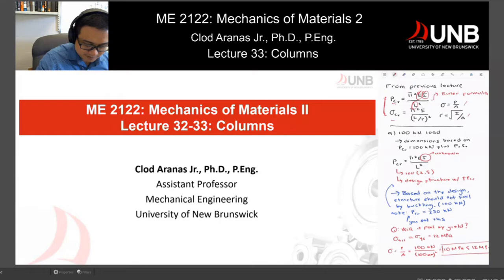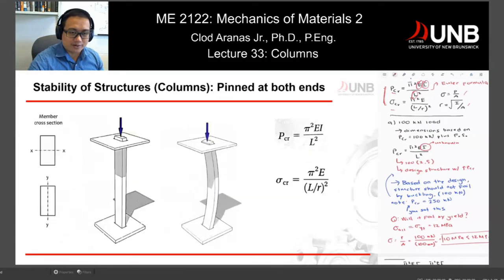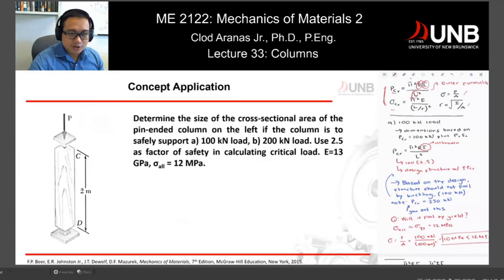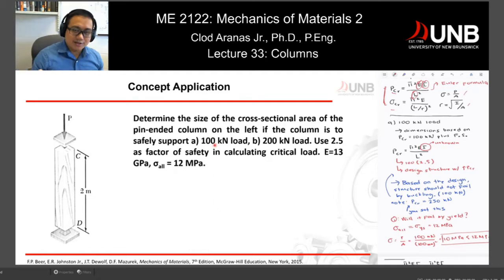Now, there's a question from last meeting, and after that lecture I thought I should explain it a little bit more so that everything is clear. When we solved the problem last time, you were asked to determine the size of the column based on a critical load of 100 kilonewtons.